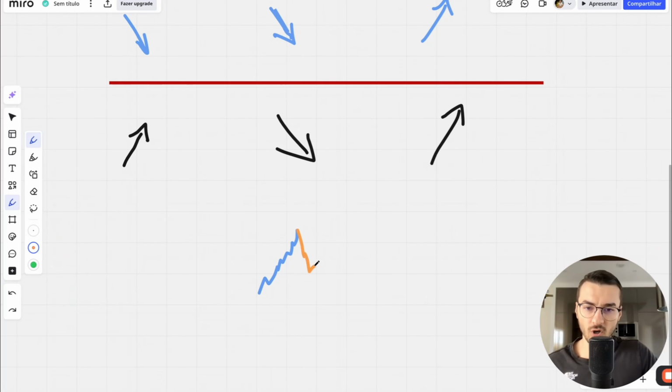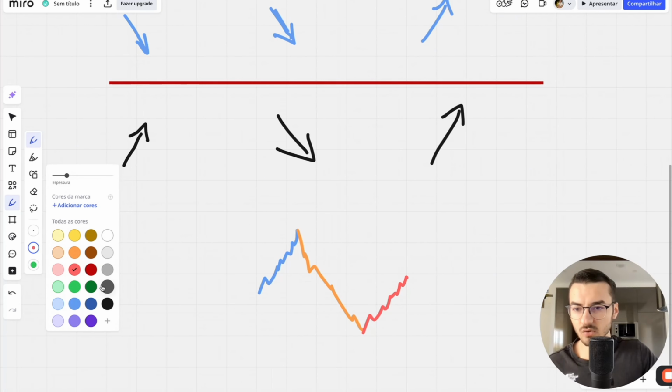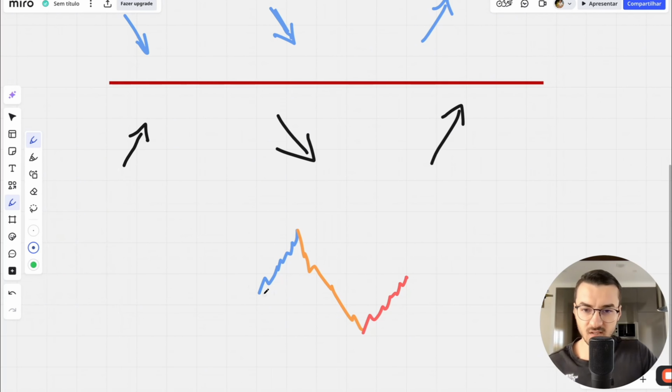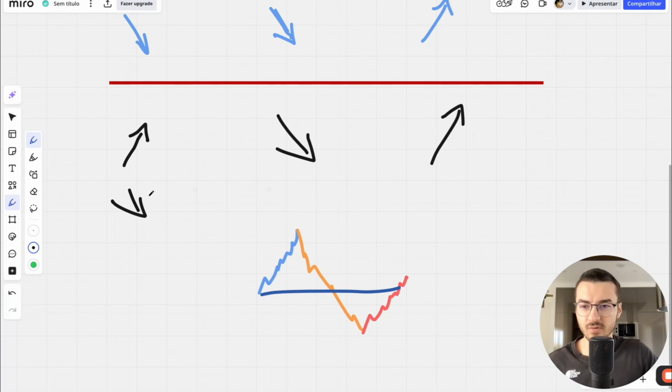Let's take our New York as yellow and a big downwards move, and then London close as red will be a slow retracement in order to make efficiency with London price action to come back to the same area that price was in London session. So the opposite is also applicable. If you have London being bearish, New York being bullish, you have London close being bearish.